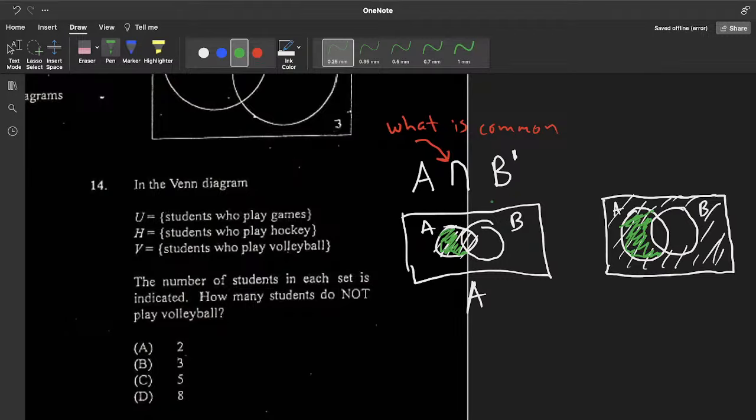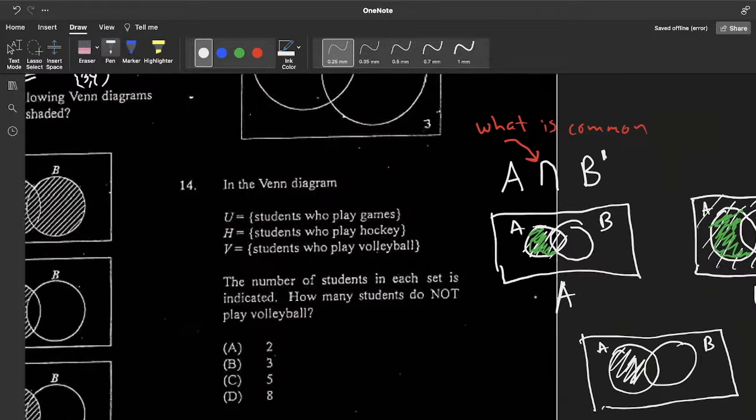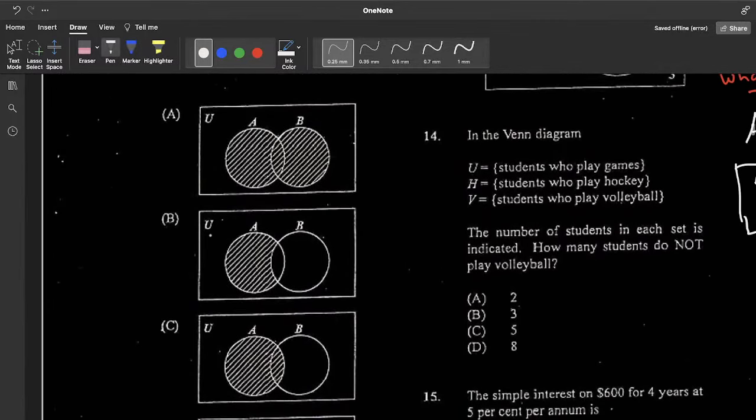These are the common areas that we have shaded in both diagrams. So because of that, we would consider A intersection B complement to be that part, which would be right here when we put them together. This part is also referred to as A only. So we have the answer right here, which is A only.